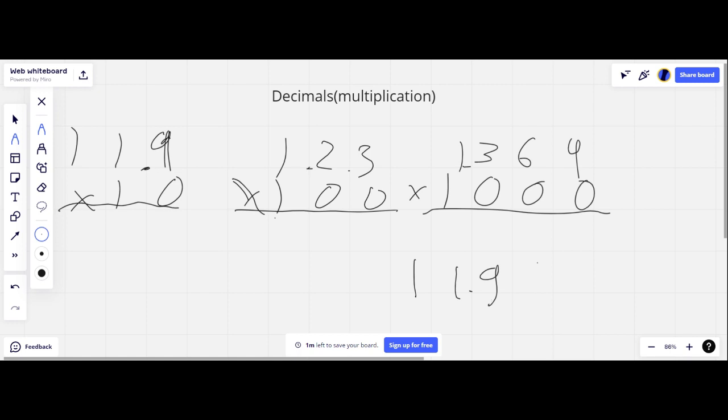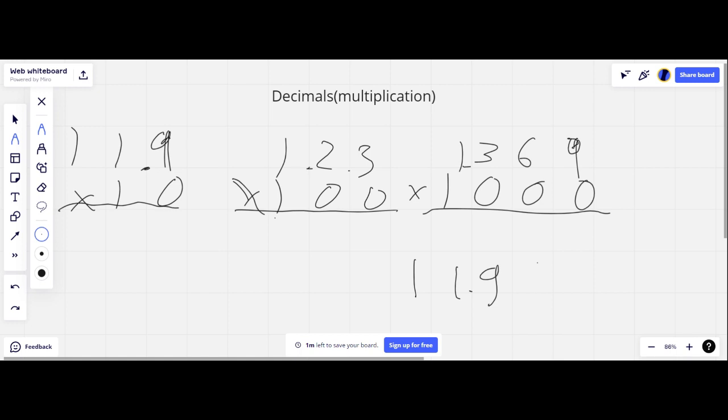It's an easy way to do this if you don't know how to do these really quickly. Well, there's a method to it. When you multiply, you move to the left, like you jump to the left, if you see what I mean. And if you're multiplying by 10, 100, or 1,000, you move to the left when you multiply.